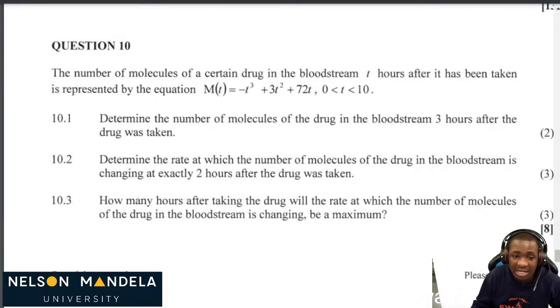So 10.1, since we are given m of t, and 3 hours after the drug was taken, they've already given us the time, which is 3 hours. So we just have to substitute.